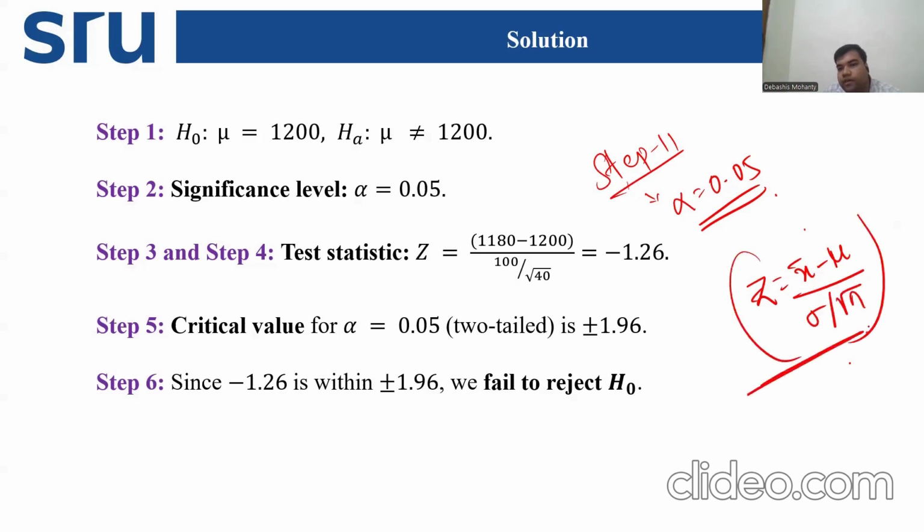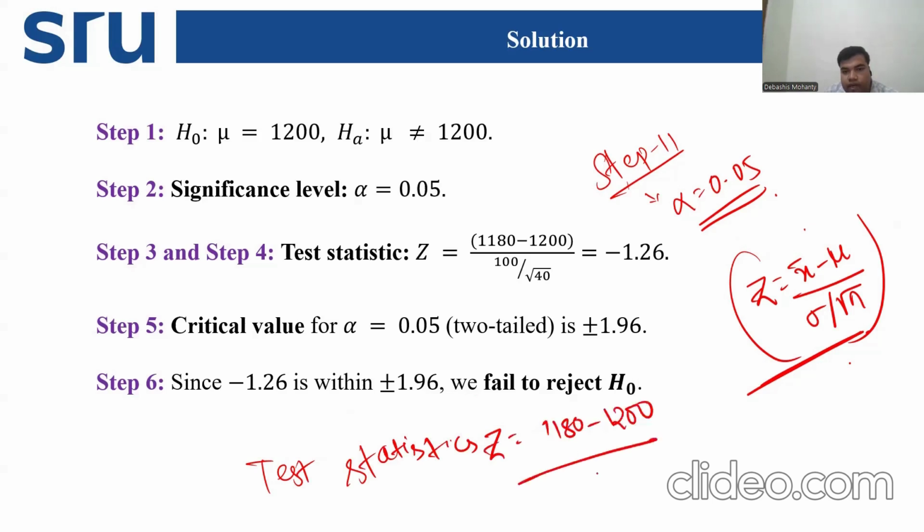By applying this formula, we can calculate the Z value. Z equals 1180 minus 1200 divided by 100 divided by square root of 40. That value is minus 1.26. This is how you can find the test statistic.